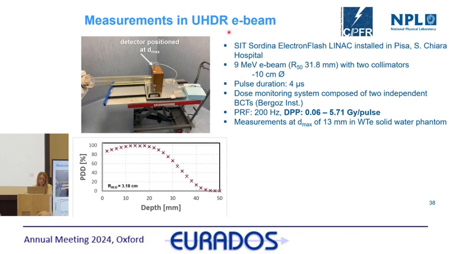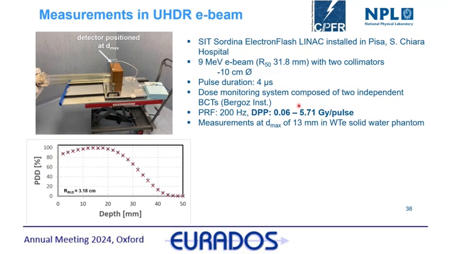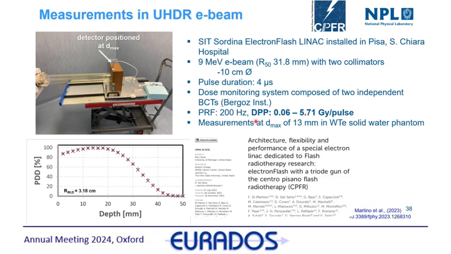For this work, we utilized a 9 MeV electron beam, and I wanted to draw your attention to this dose per pulse range that we have been investigating, where the higher range is relevant for flash radiotherapy, and the lower range more resembles conventional dose rate delivery.